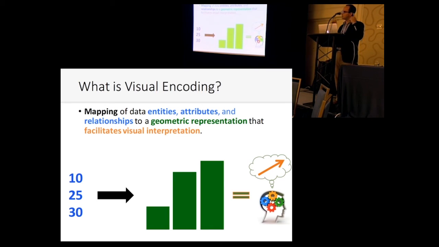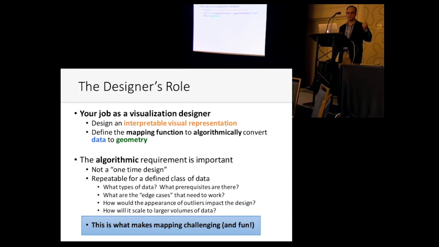And that requires us to understand how people interpret those graphical marks to best get them to gain the insights. And so our job as a visualization designer is first to think about what is that visual representation that conveys the insight that we need people to understand from our data. And then think about how we can define that mapping function in an algorithmic way to convert our data to geometry based on that design that we came up with.